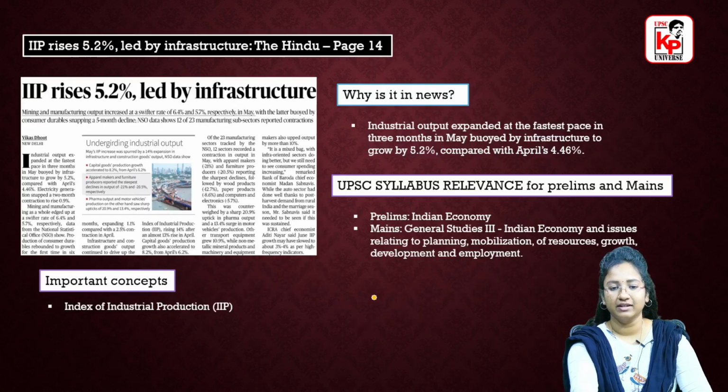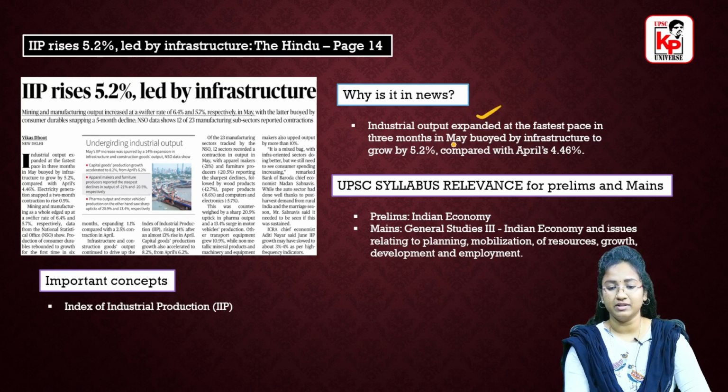So let's move forward. Why is it in the news? Industrial output expanded at the fastest pace in 3 months in May, buoyed by infrastructure, to grow by 5.2% compared with April's 4.46%. This IIP is compiled monthly, and we'll discuss in detail how it is compiled.